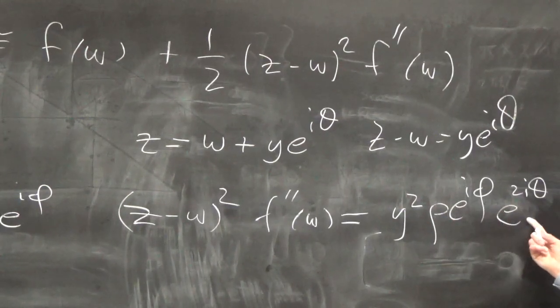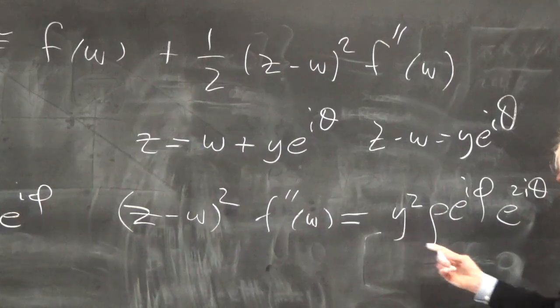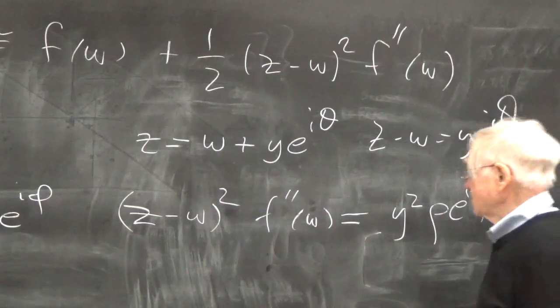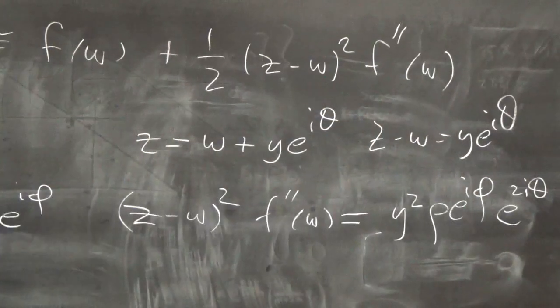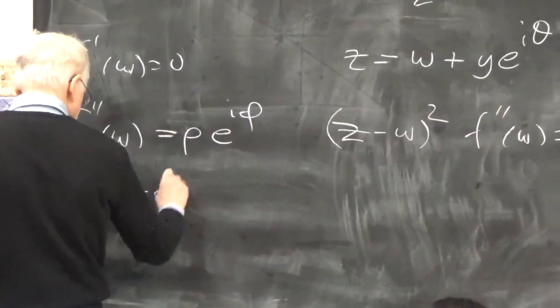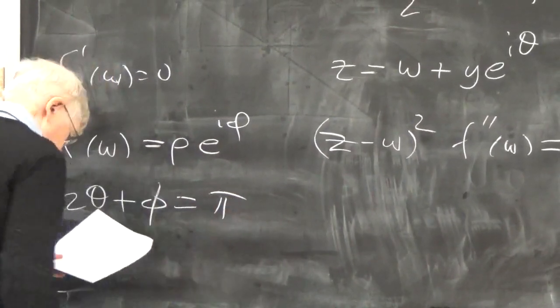So we want the rho is positive, Y squared is positive, we want this to be minus 1.